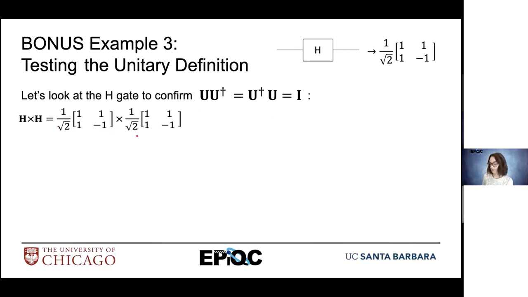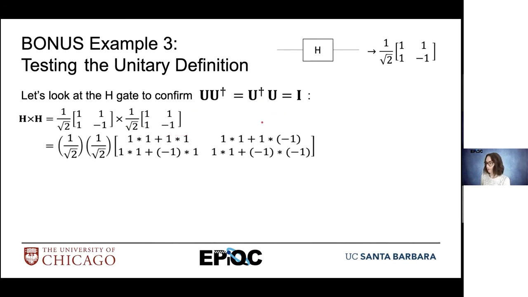So we're going to multiply these two matrices. We can see what happens when we multiply it out. To get our first element, we do row times column. So we have 1 times 1 plus 1 times 1, 1 times 1 plus 1 times negative 1, 1 times 1 plus negative 1 times 1, and then 1 times 1 plus negative 1 times negative 1.